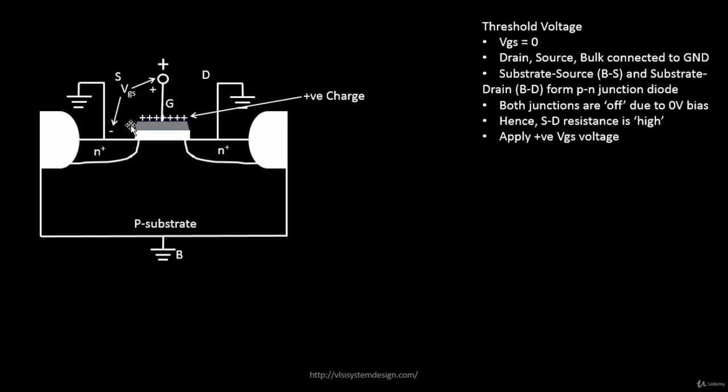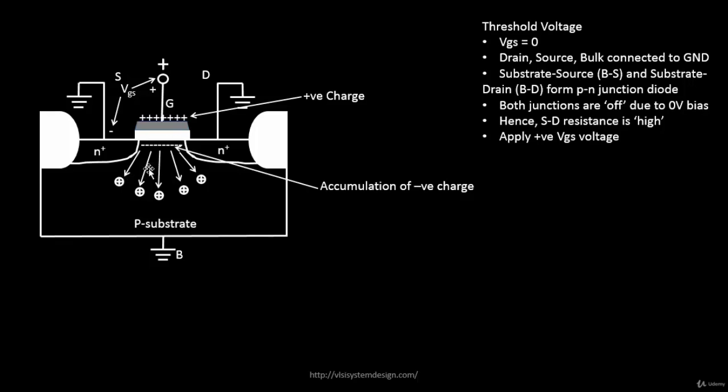But since we are applying a positive potential, it will try to repel all the positive charges present here. Let's say there are 5 positive charges. The potential applied at the gate terminal will push all of them towards the interior of the p-type substrate, leaving behind negative charges.